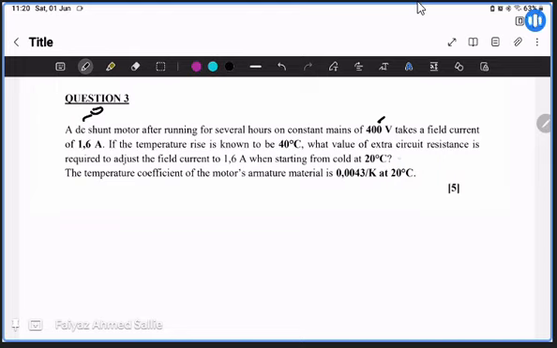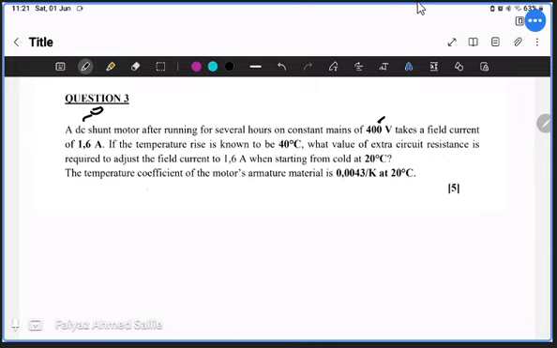What value of extra circuit resistance is required to adjust the field current to 1,6 amps when starting from cold at 20 degrees?